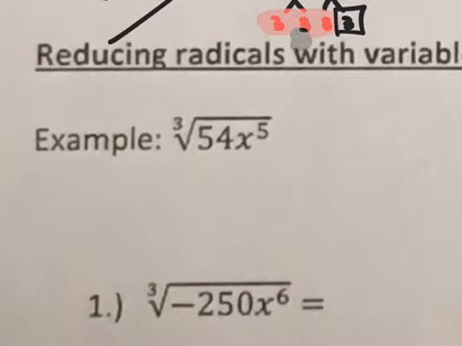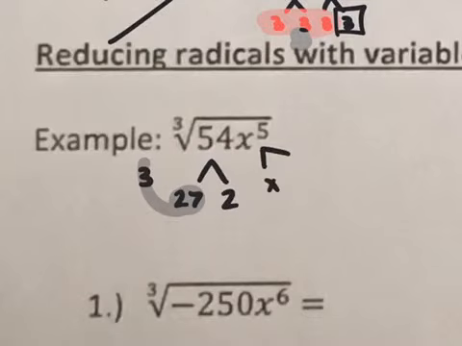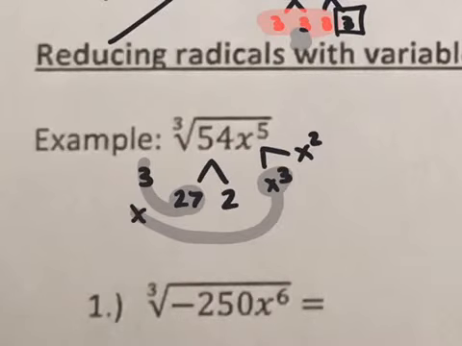So for us here on the example, a perfect cube root within 54 is 27. This is 27 times 2. 27 is a perfect cube root for 3. Now, for x to the 5th power, I want to split it up into groups of 3, and then whatever's remaining. So one group of x cubed can escape out as an x.